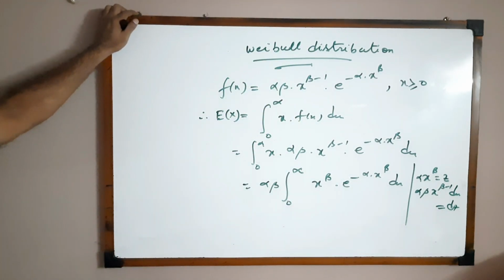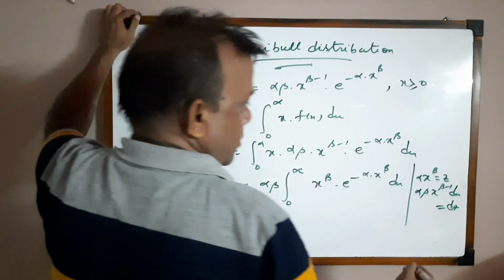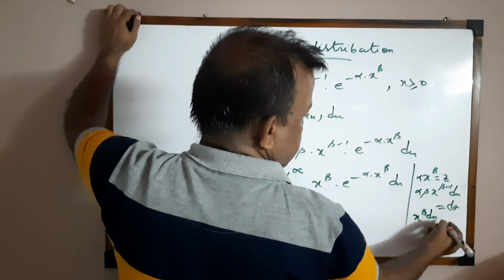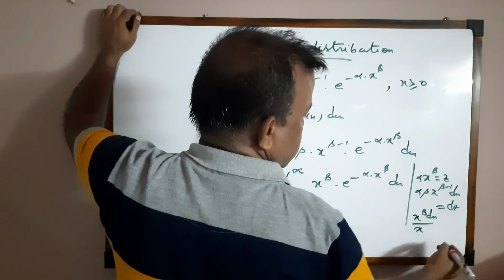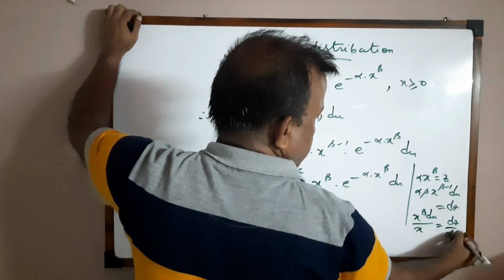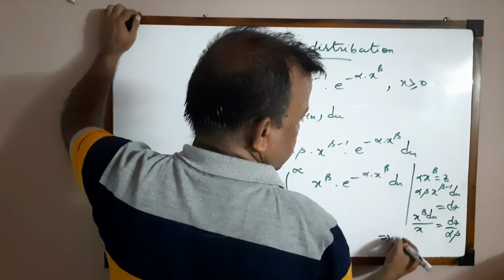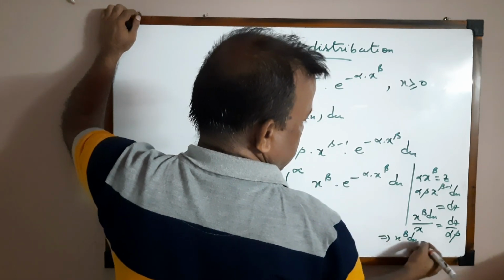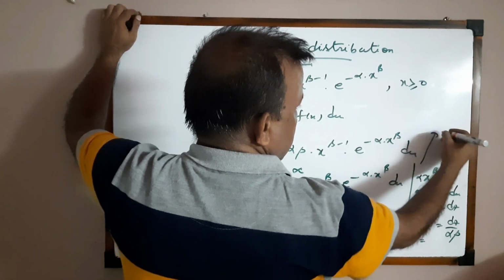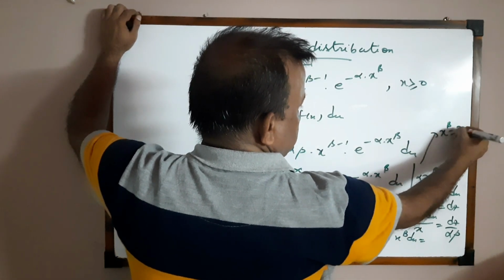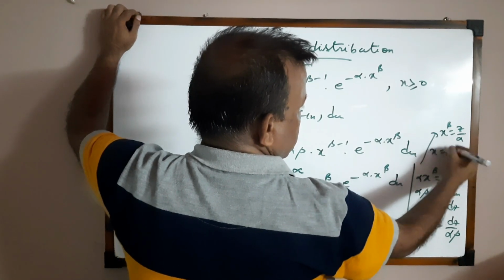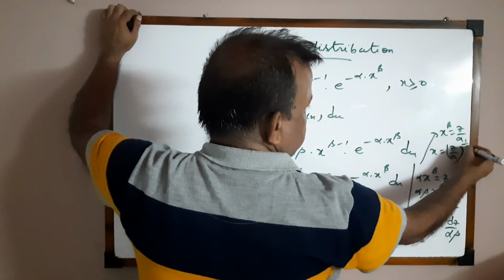Okay, x to the power beta dx by x equals dz by alpha beta. So x to the power beta dx equals x into dz by alpha beta, and x to the power beta equals z by alpha, so x equals z by alpha whole to the power 1 by beta.